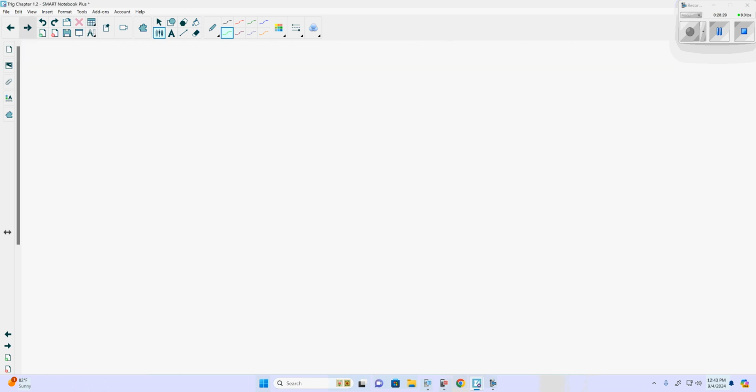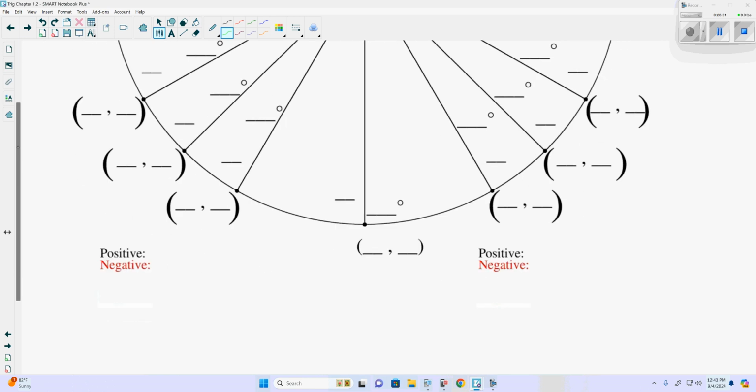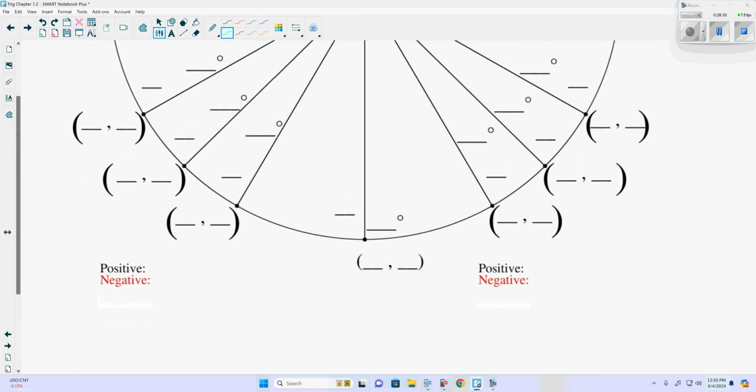Well, when we get down here in quadrant 3, we're going to have negative square root 3 over 2, negative 1/2, negative square root 2 over 2, negative square root 2 over 2, negative 1/2, negative square root 3 over 2.